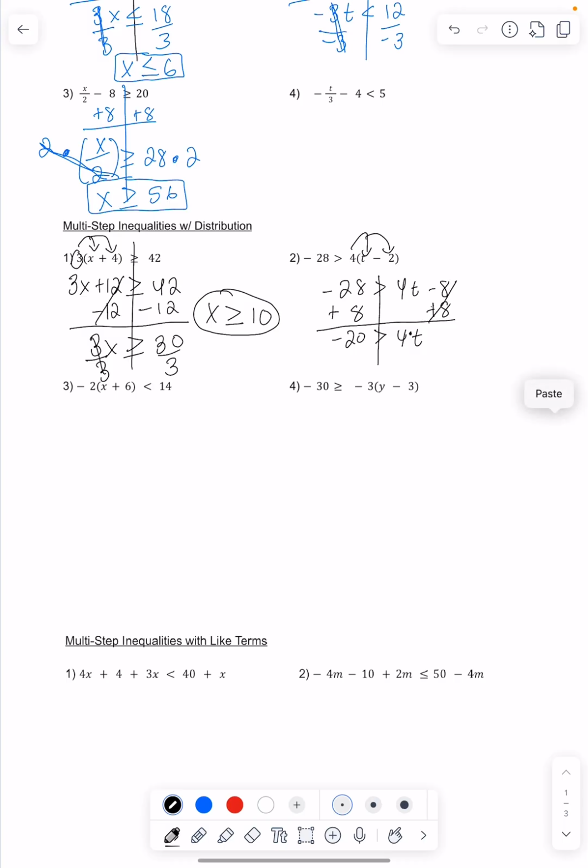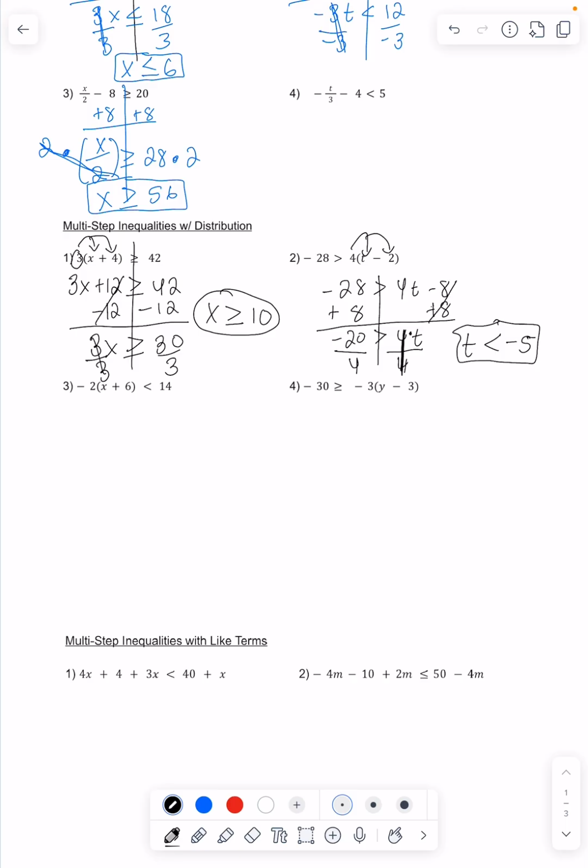And I'm trying to leave the t by itself, so I have to divide by 4 so I can cancel these, but I have to do it to both sides. So we get t. In this case, the symbol was pointing towards the t, so t has to be less than negative 20 divided by 4, which is negative 5. So the answer is all of the t values that are less than negative 5, not equal to. My apologies.